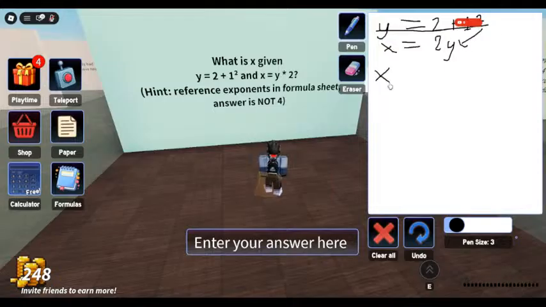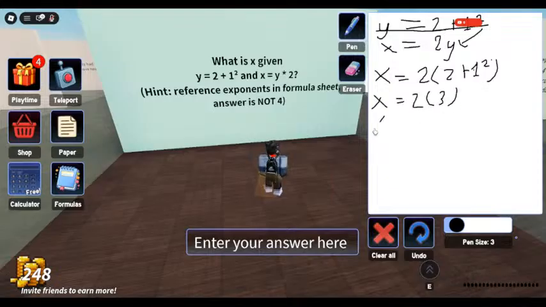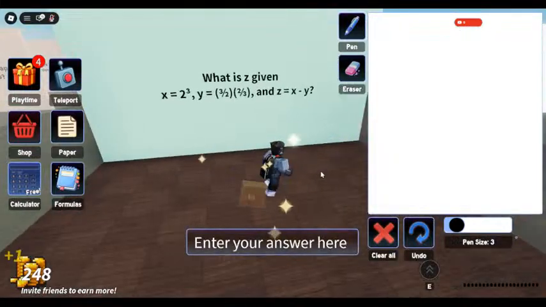So x is then equal to 2 times 2 plus 1 squared. 1 squared is practically just 1. 2 plus 1 is equal to 3. 2 times 3. 2 times 3 is 6, and if we check the answer, it's 6.